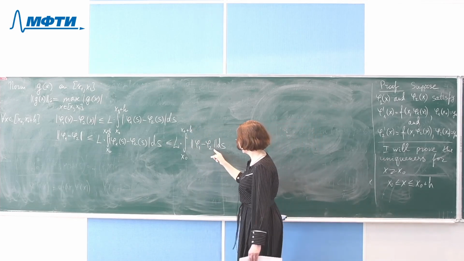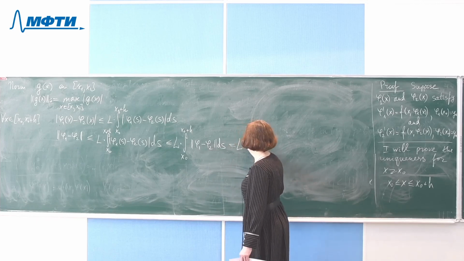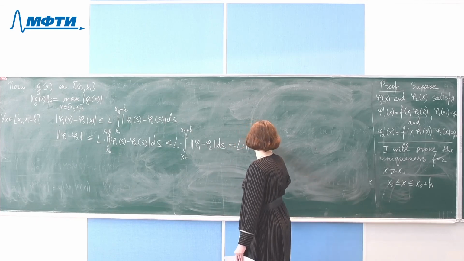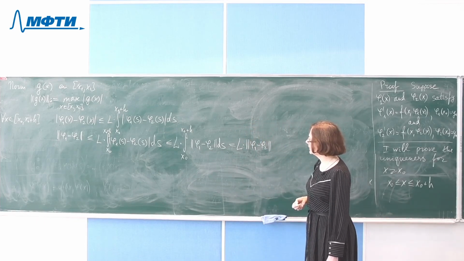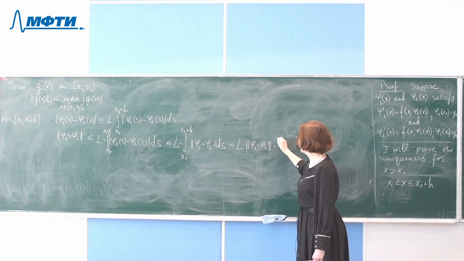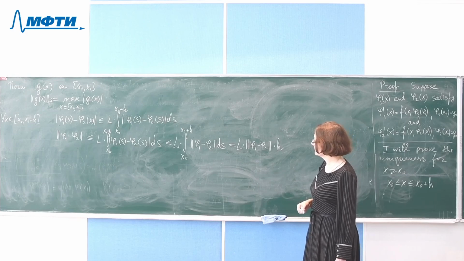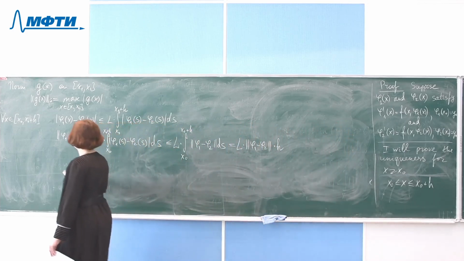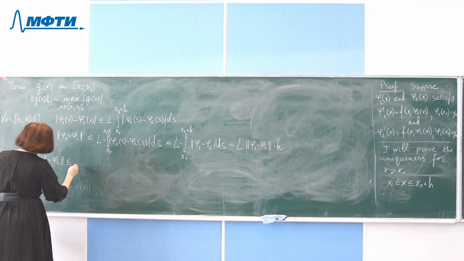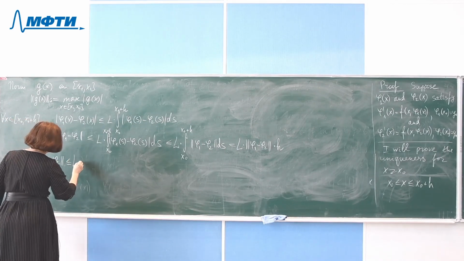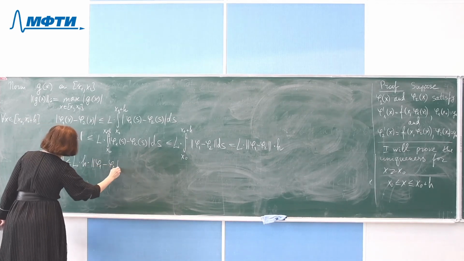But this is a constant, and so this integral is equal to L times the norm of phi1 minus phi2 times h. Okay, so we have the following inequality: the norm of phi1 minus phi2 is less than or equal to L times h times the norm of phi1 minus phi2.